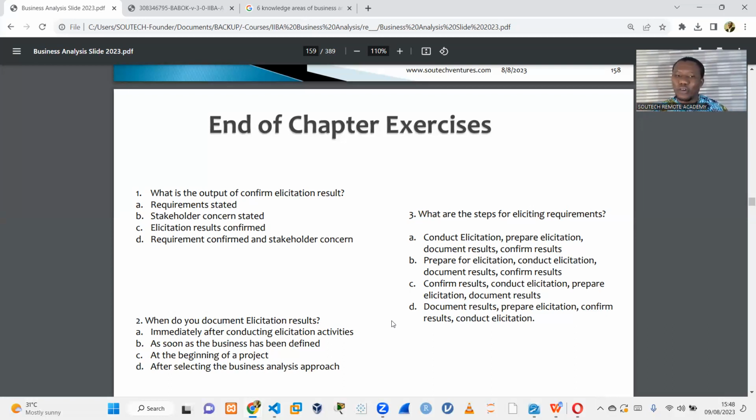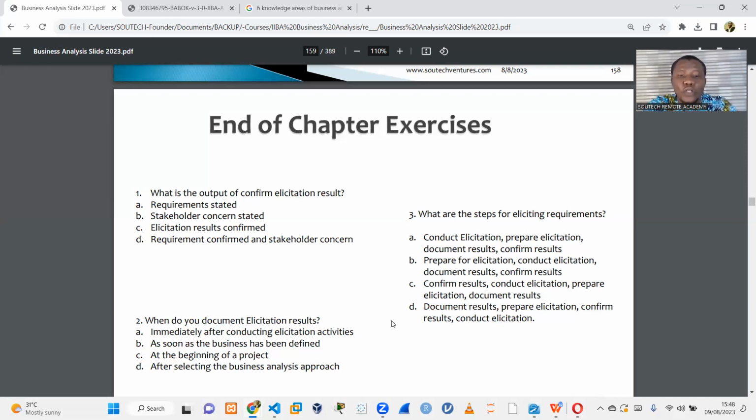Now, some of those things are not confirmed yet until stakeholders can do what? Confirm it. So your answer is actually C, right? So it is elicitation results confirmed. When you want to confirm the elicitation, at the end of the day, at the output, you're going to have what? That elicitation result confirmed. So that is only when you can now move to other sessions of the project.